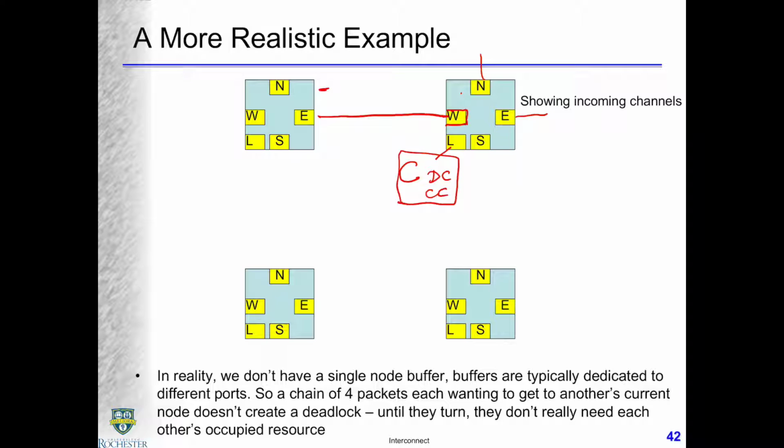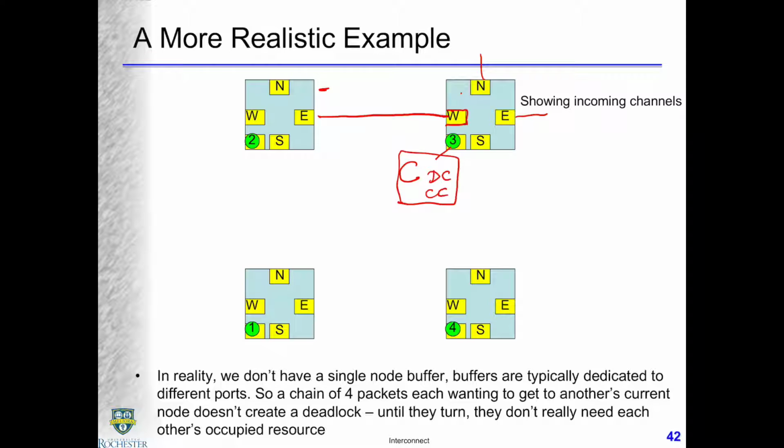For simplicity, all of these buffers are 1 deep, only 1 packet. In the real world, you probably have many more than just 1, but this serves the example. Now let's say I have these 4 compute nodes, clients, each generating 1 packet simultaneously in the same cycle. Boom, they all come in.